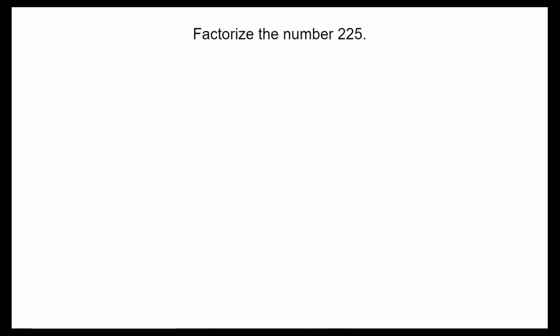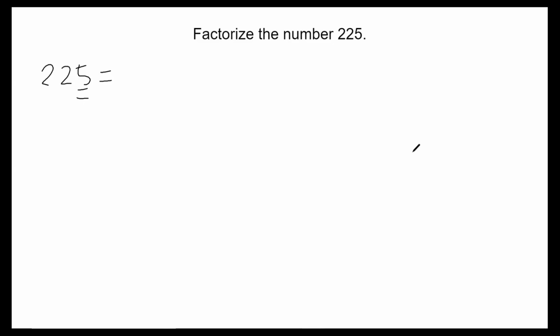Okay, so let's start this. So 225. Well, the first thing you might do if you see an unfamiliar number is to try to see what goes into it. We haven't learned divisibility rules yet, but I'm going to tell you right now that 225 ends in a 5, and if something ends in a 5, then it's divisible by 5.